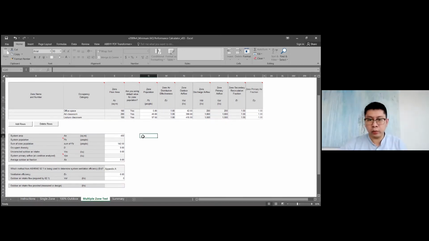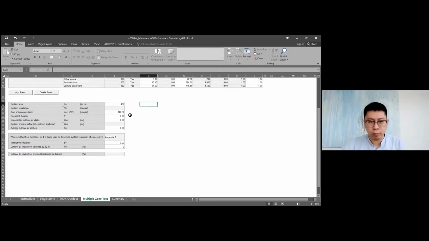When we look at the multiple zone system, there's an additional input down here. The first one will be system population. What the system population means: let's say I have one zone with 100 people, the other zone 50 people. But at the same given time, when it overlaps, it might only have 120 people.